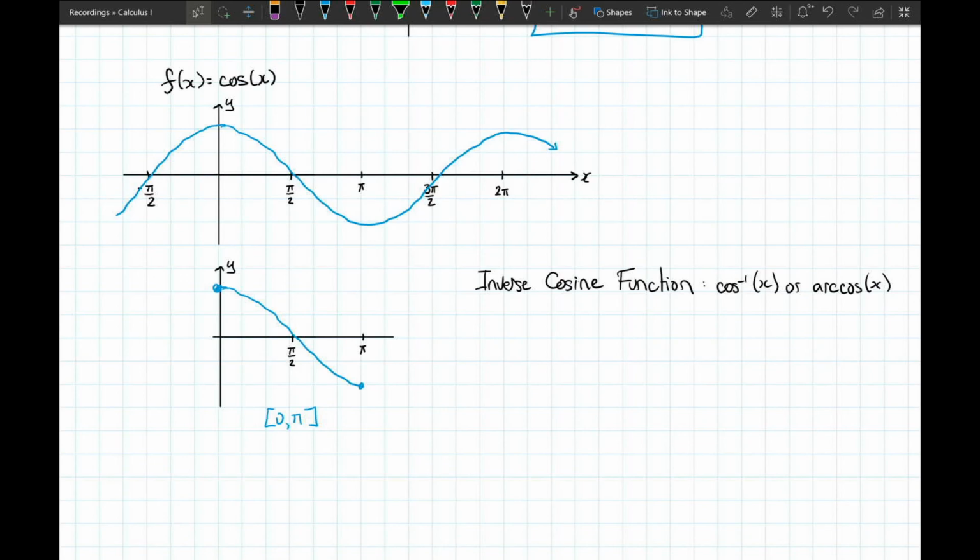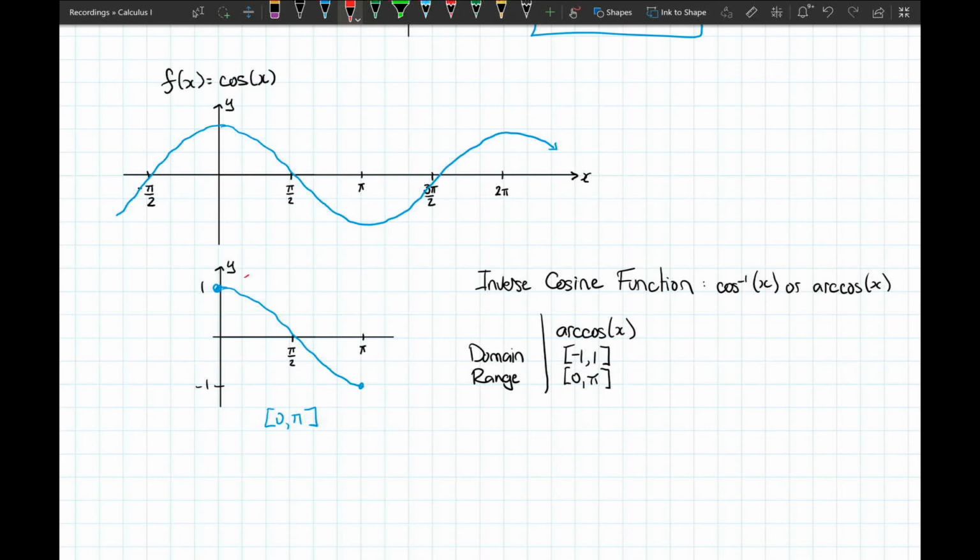Now, what is the domain and range of the inverse cosine function? Well, seeing that the domain of the restricted cosine function is 0 to pi, and that gives us a result from -1 to +1, that means that the domain of arc cosine is -1 to +1, and it has a range of 0 to pi. And 0 to pi correspond to quadrants 1 and 2.